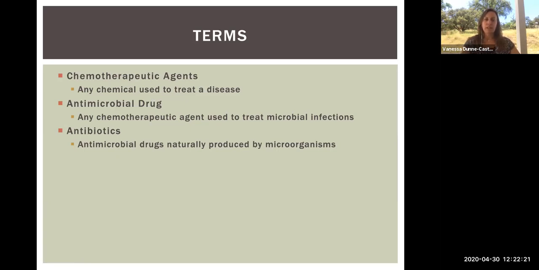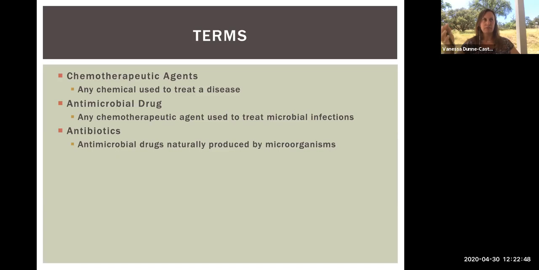But chemotherapeutic agents are used in infectious diseases as well. So an antimicrobial drug, specifically anti, of course, is against microbe, any type of microbe. In this case, it's a chemotherapeutic agent used to treat microbial infections. And I will say antimicrobial drugs or antimicrobial medications, this is really the most commonly used term today.